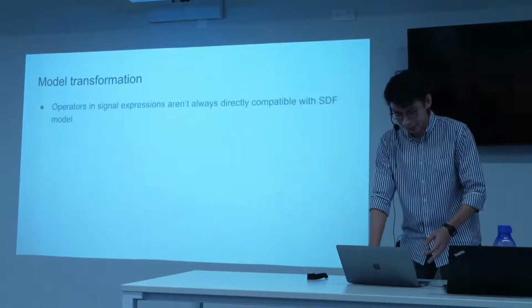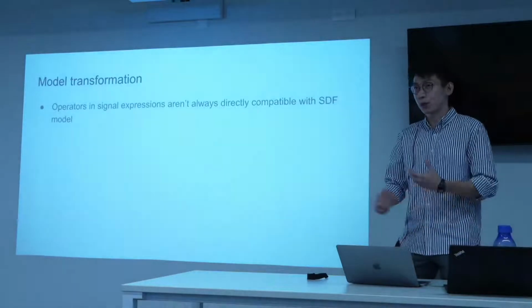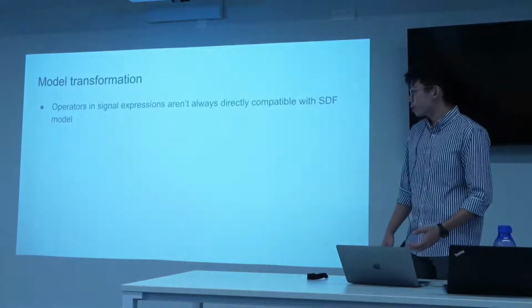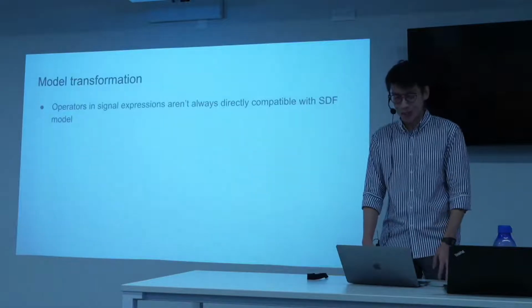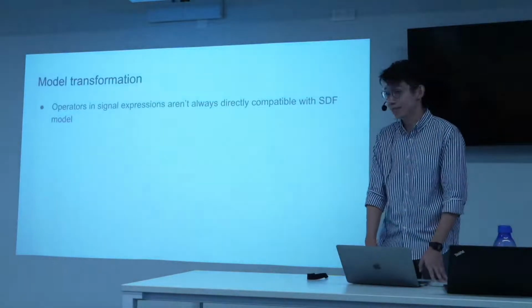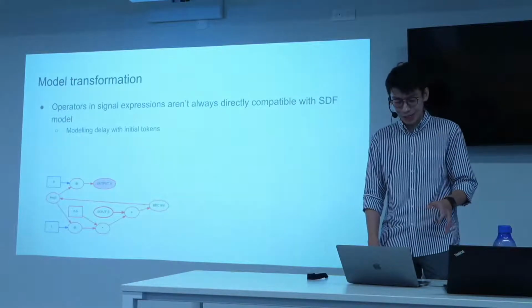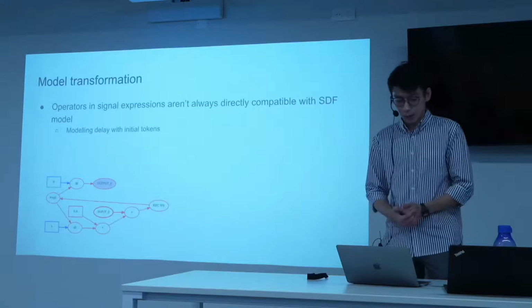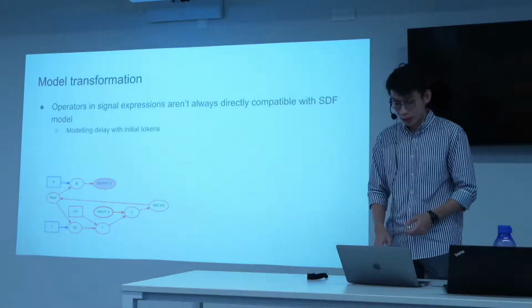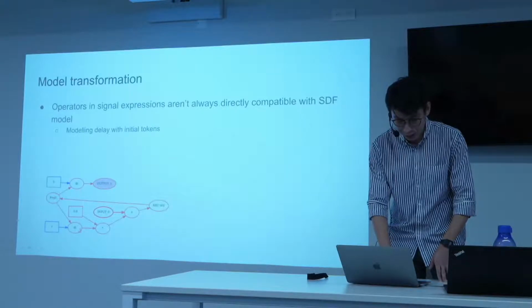And so I'm just going to go through some of the challenges that we faced and some of the workarounds we came up with. So our big issue is that the operators in the Faust signal expressions aren't always directly compatible with SDFs. And the first issue that we faced was that of delay operators. And so this is the signal expression of a one-pole filter. And if you see the add components here, those denote delay operators.